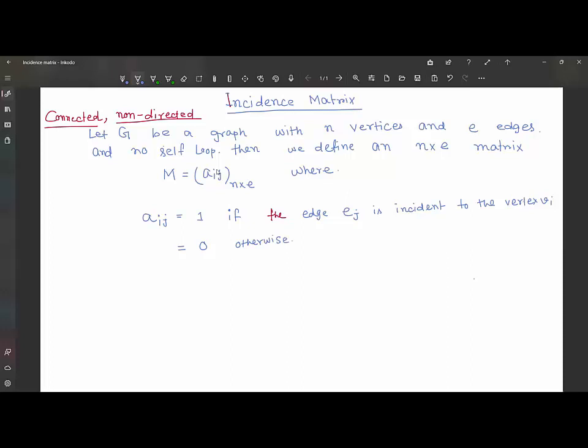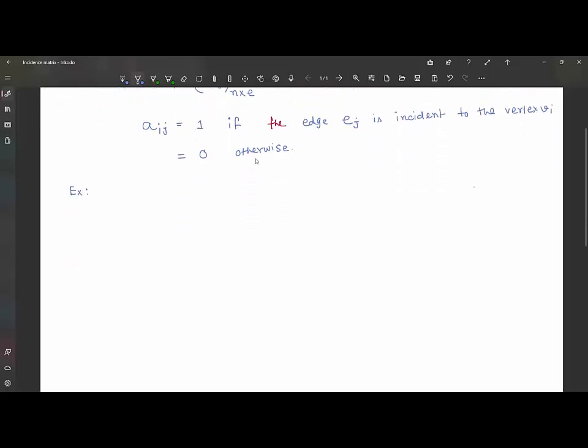So this is the definition of the incidence matrix for a non-directed graph. So let's take one example, just to clarify how to determine the incidence matrix of a non-directed graph.